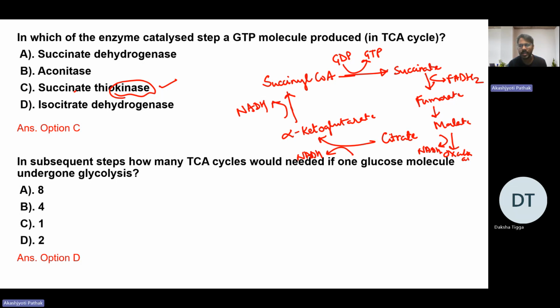That is why two cycles of the Krebs cycle are required for complete oxidation of one molecule of glucose. The answer is option D. One glucose will give you two pyruvate, so both pyruvates will have to go through the Krebs cycle. That is why this cycle will take place twice.